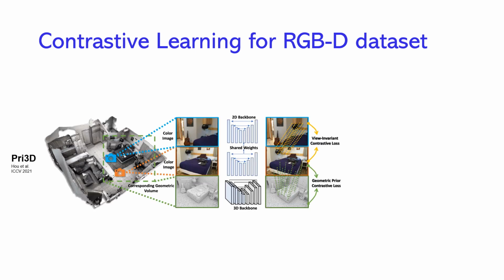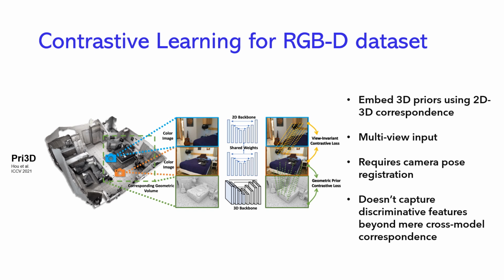Recently, Pri3D explored embedding 3D priors by leveraging multi-view RGB-D data to introduce geometric constraints in a contrastive learning scheme with ResNet backbones. However, it relies on camera registration between multiple views for each frame, and doesn't capture discriminative features beyond a mere cross-modal correspondence.